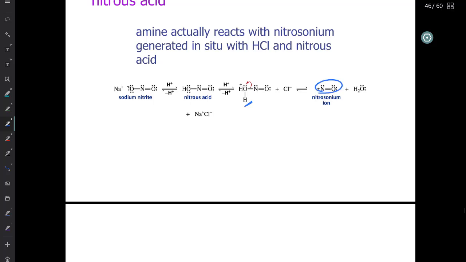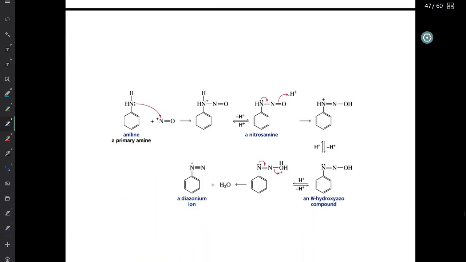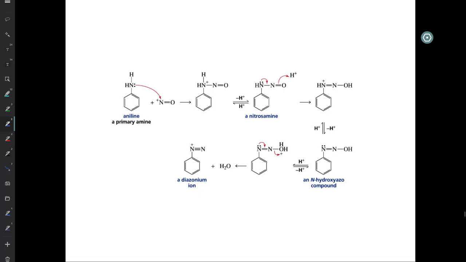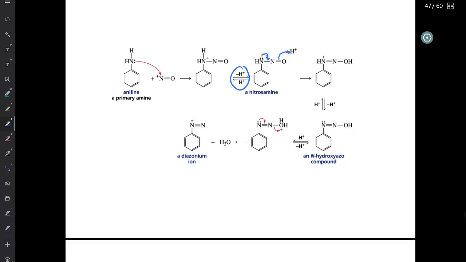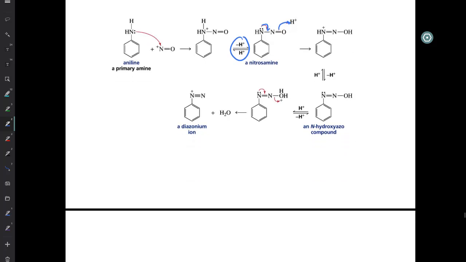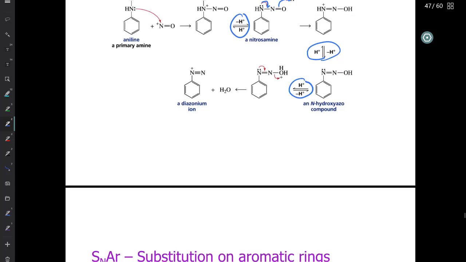The nitrosonium ion is a fairly strong electrophile, and it is attacked by the lone pair on another nitrogen. Then you'll notice this is an acid-base reaction here. This pair of electrons can then cause this oxygen to pick up another hydrogen. And that process, through another acid-base reaction, repeats itself. So the same thing happens a couple of times, and that's what eventually creates the triple bond between the two nitrogens.